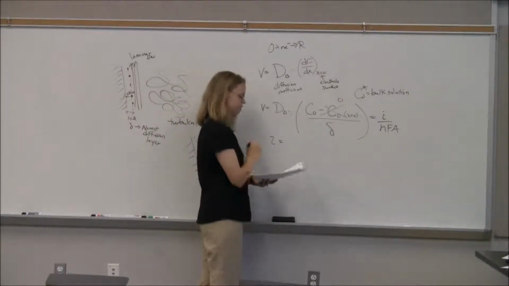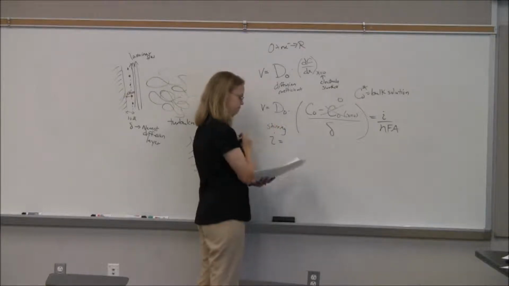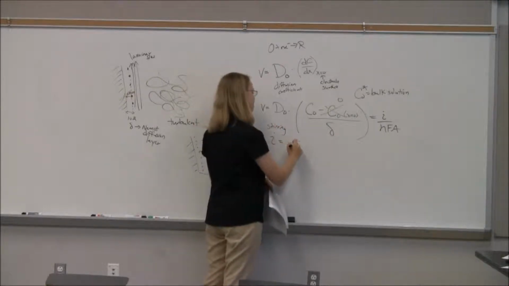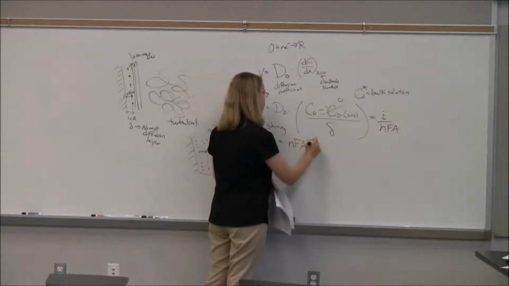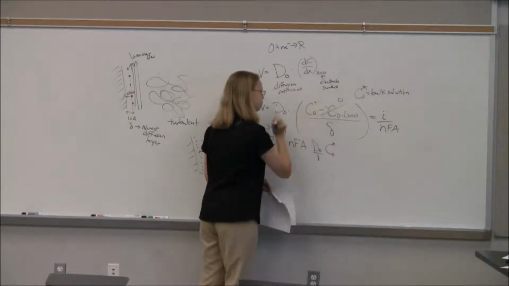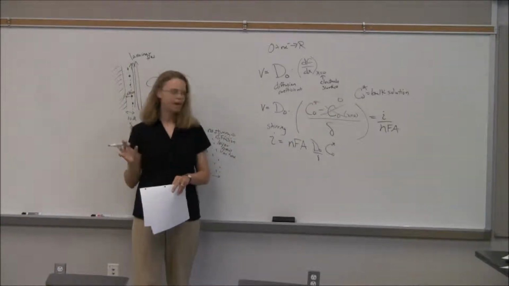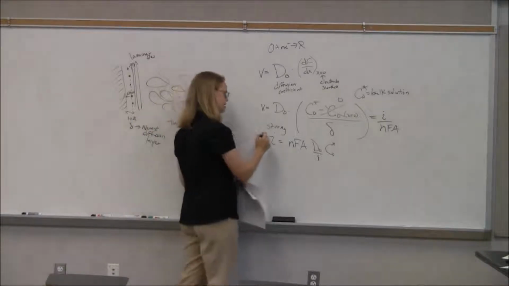If we put that together, the current, if we're stirring, is going to be equal to nFA D0 over delta times the bulk concentration term, C0 star.